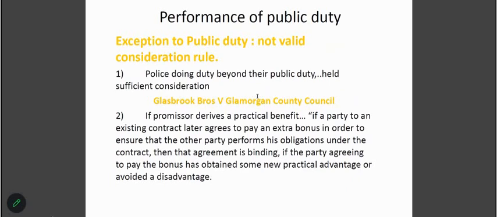If the party agreeing to pay the bonus has obtained some practical advantage or avoided disadvantage, then this one will be fulfilled. That means to say, the consideration must benefit both parties.